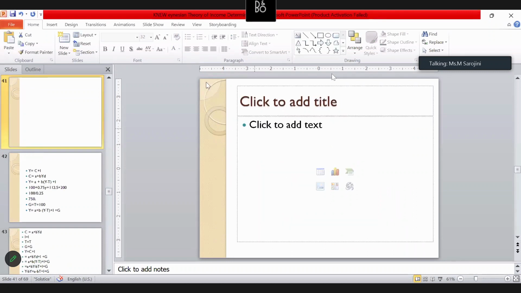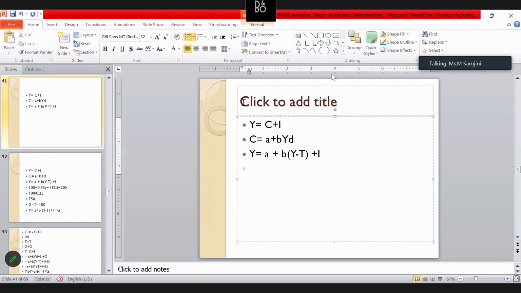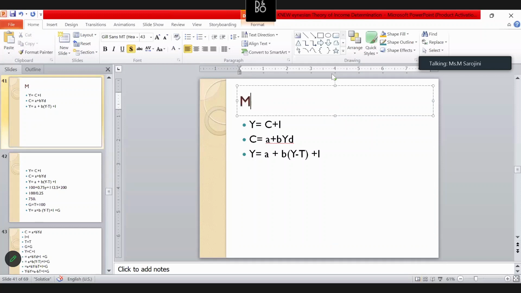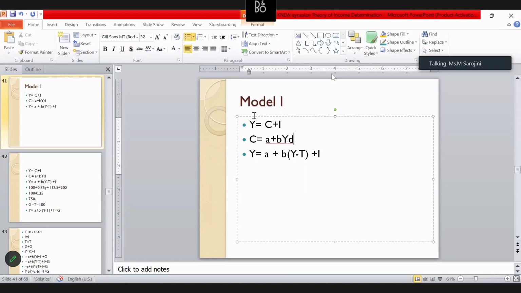Model 1. What is model 1? Model 1 is C plus I plus G, right?